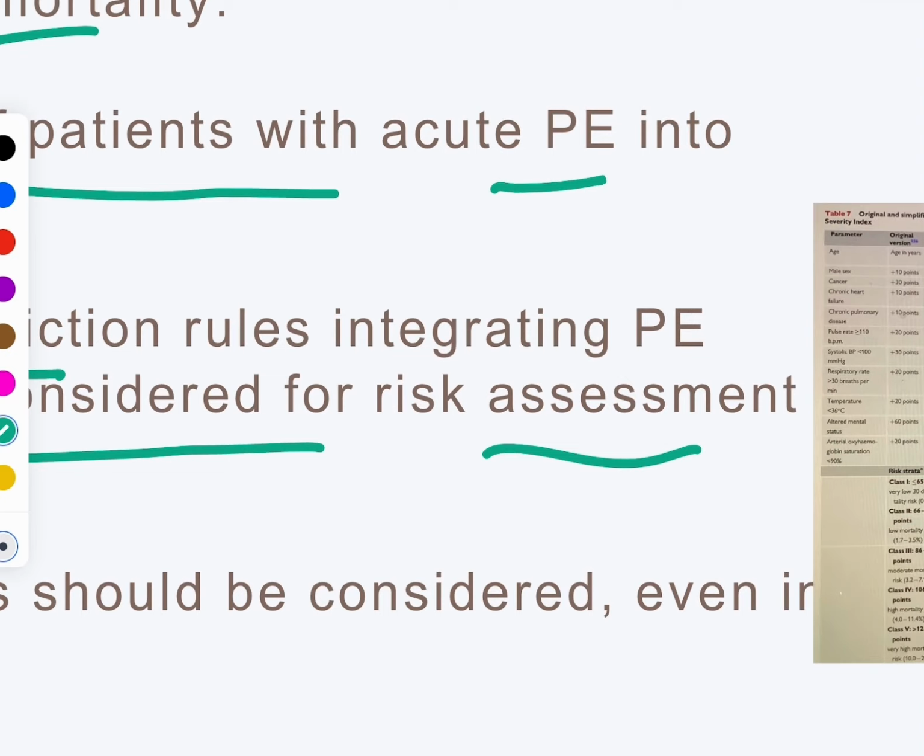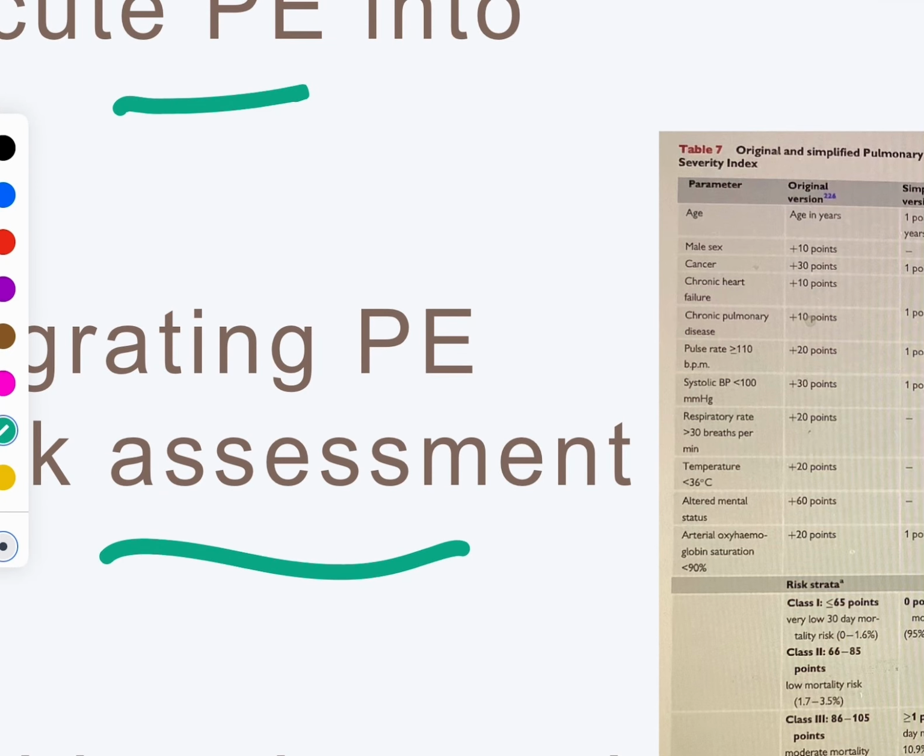What is the PESI score? It is the original and simplified pulmonary embolism severity index. There is an original version and a simplified version. The simplified version includes age, cancer history, chronic heart failure, chronic pulmonary disease history, pulse rate of more than 110, systolic blood pressure of less than 100, or SaO2 of less than 90.